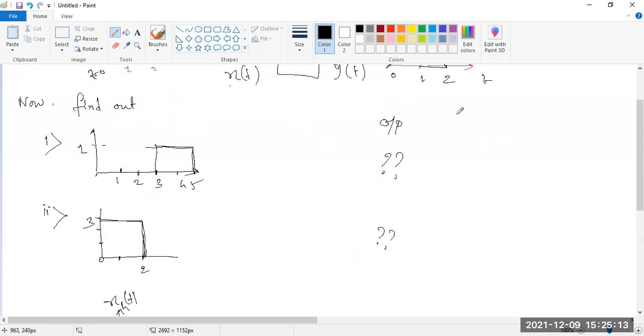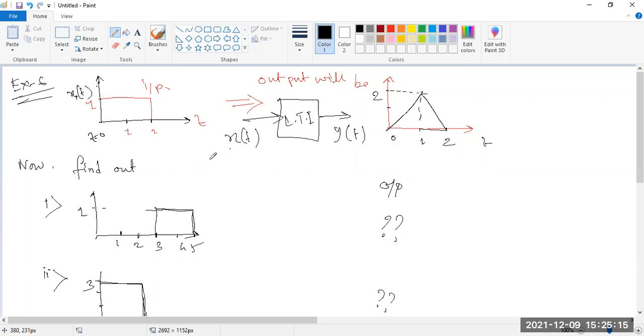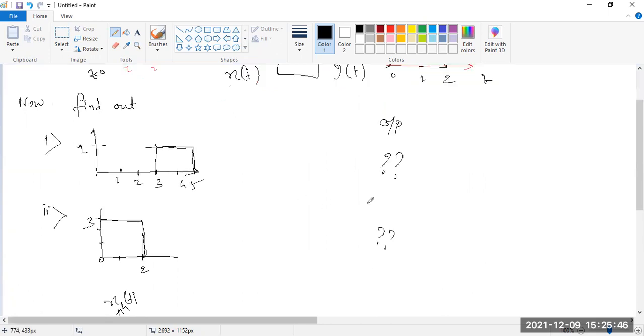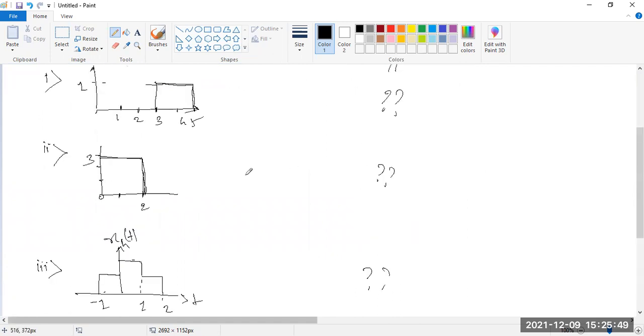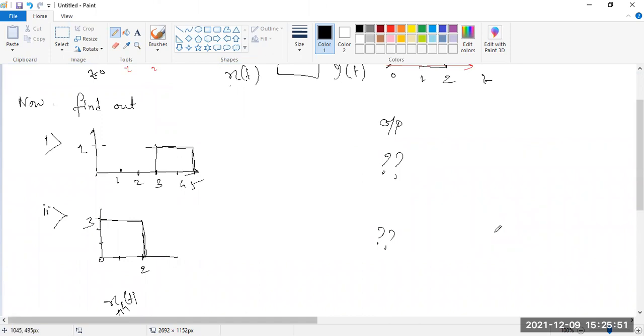In previous classes I explained the unit step, ramp functions, impulse functions. Just do it in your own copy and please show me what your result will be and how we could do this.